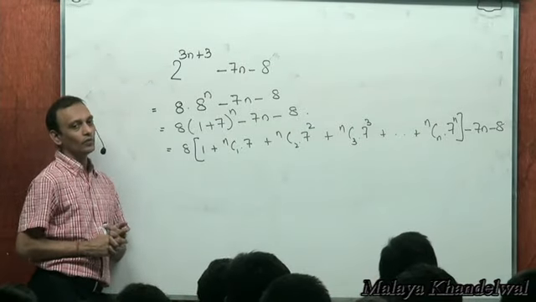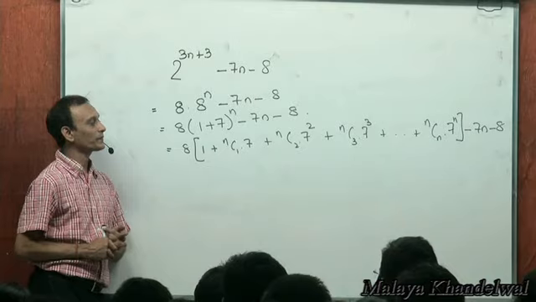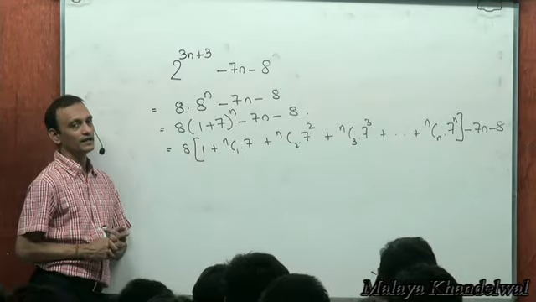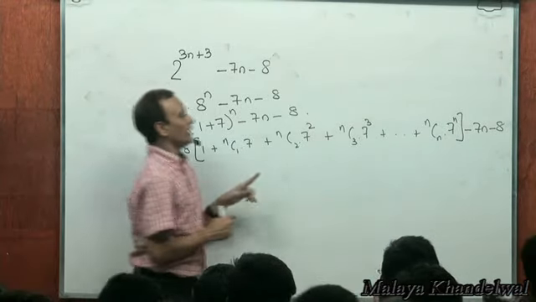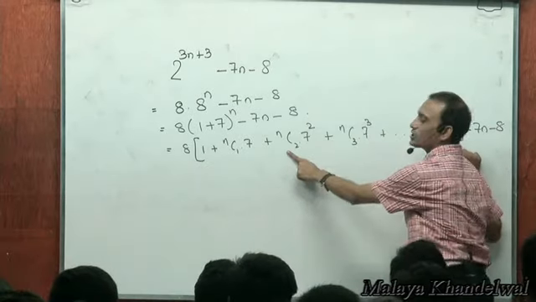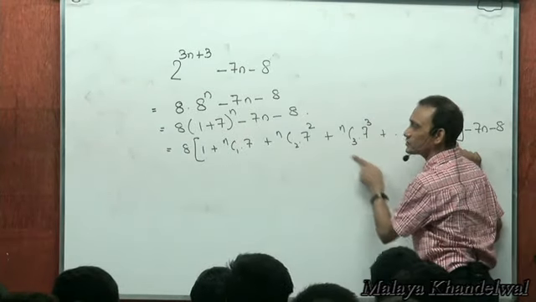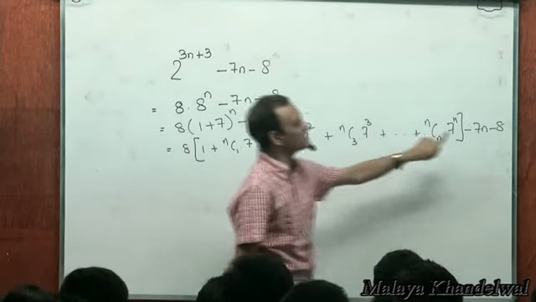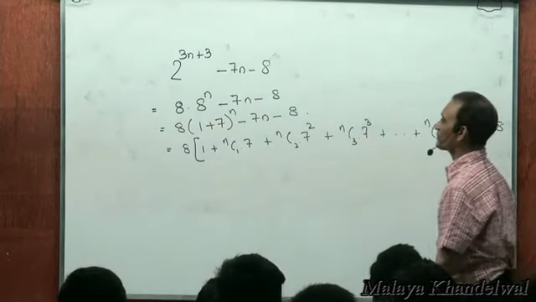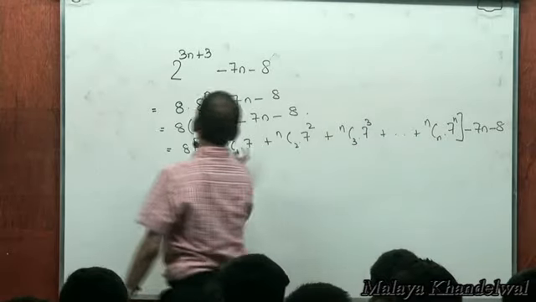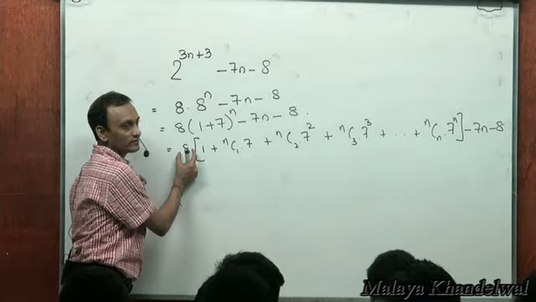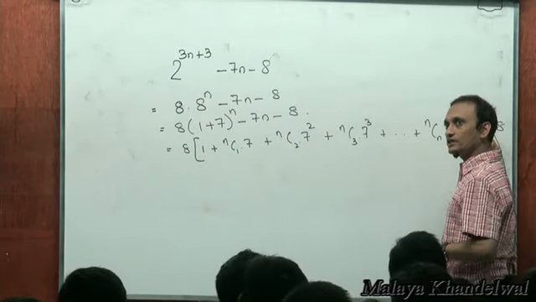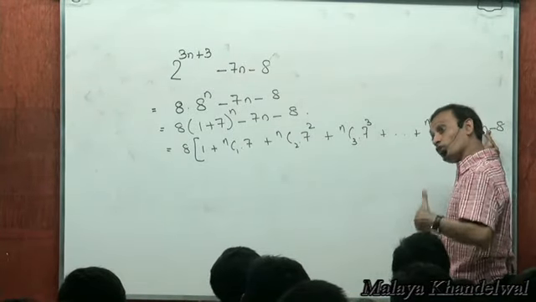Now when I divide it, what would happen? These terms anyways are not an issue. They'll be divisible by 49, 7 squared onwards. And then you have this 8 getting cancelled with this 8, and this would be 7n into 8 minus 7n. 56n minus 7n is 49n.